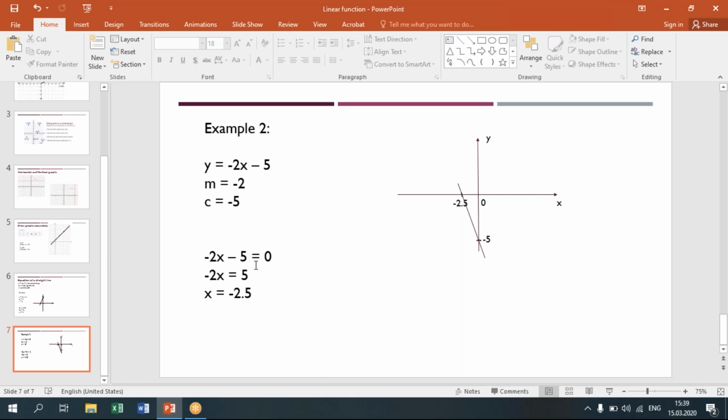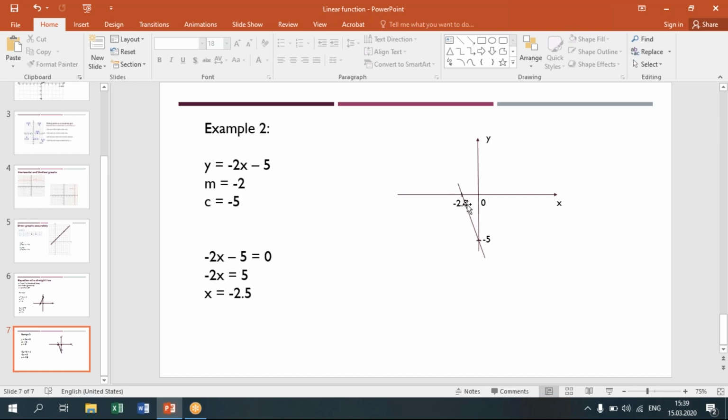Negative 5 on the other side of the equal sign will be positive 5. Then positive 5 divided by negative 2, because between negative 2 and x we have the multiplication sign. 5 divided by negative 2 will be negative 2.5. And this point, negative 2.5, I have to show on the x-axis, here.